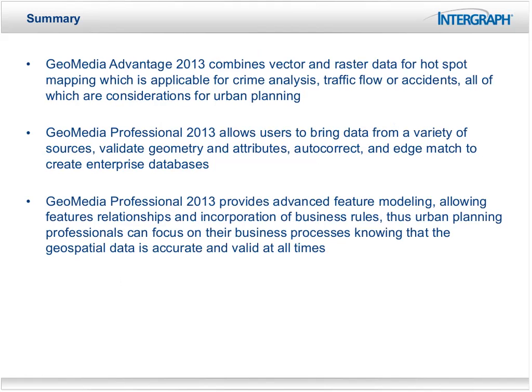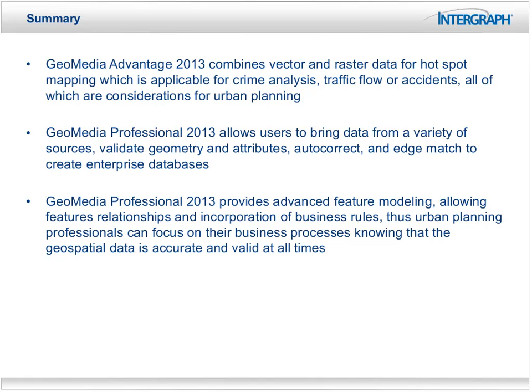The GeoMedia Professional tier, what Danny showed you today, is the ability to bring in a variety of different data sources, validate both geometry and attributes, edge match that data if you need to, all for the purpose of building enterprise-oriented geospatial databases.